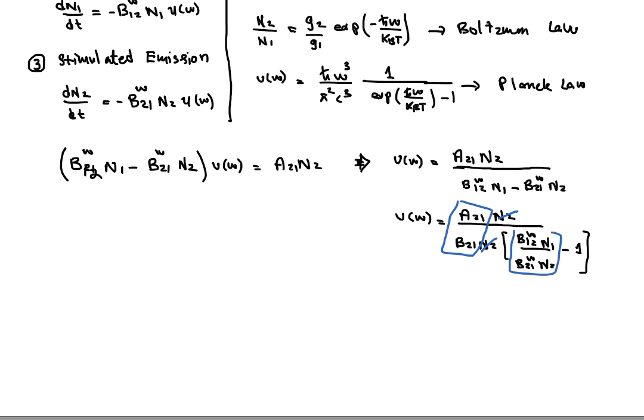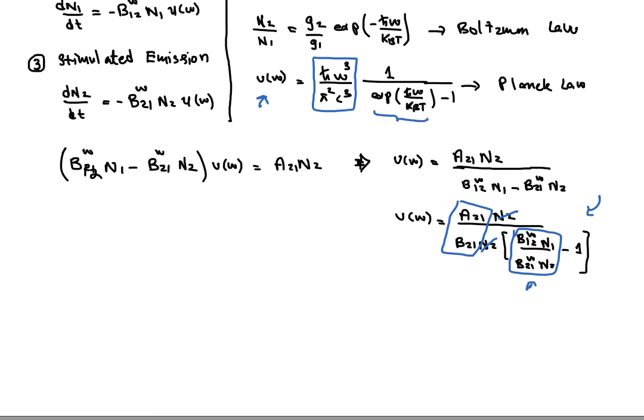If we look closely, this spectral energy density corresponds to this spectral energy density, and this A21 over B21 will be equal to this constant, and the other highlighted term will be equal to this term.